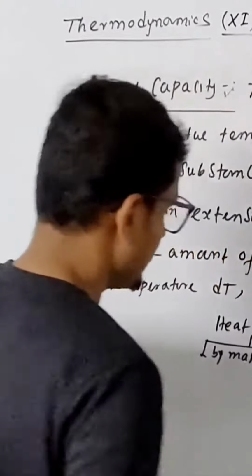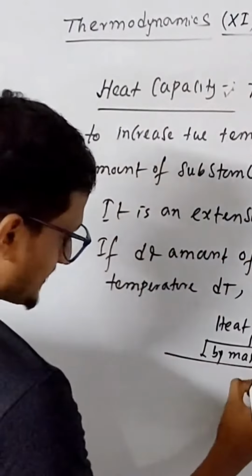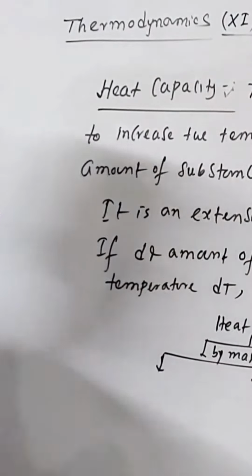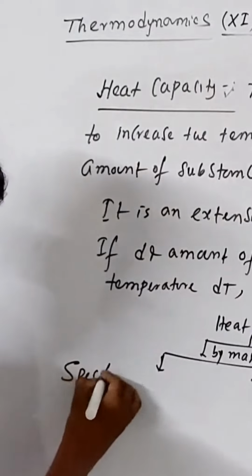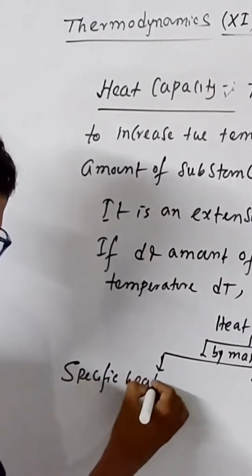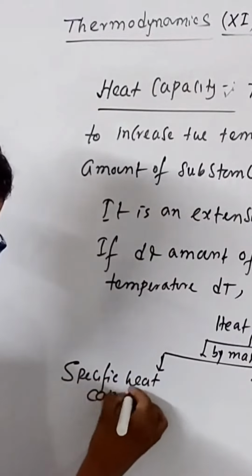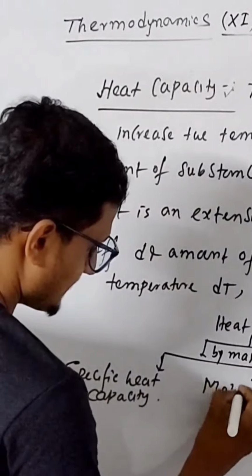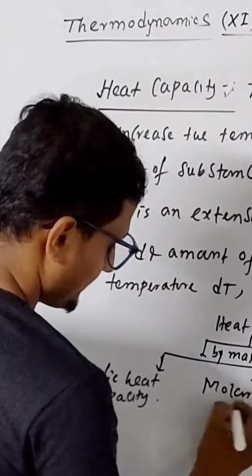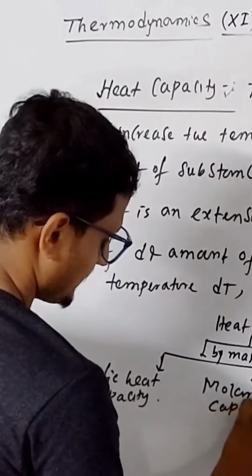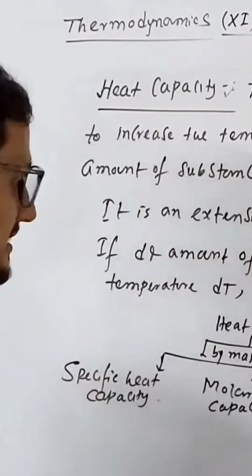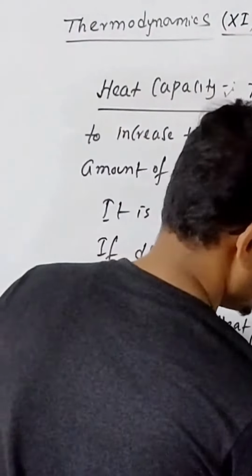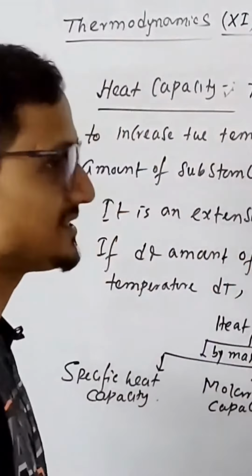By mass, heat capacity is of two types. One is specific heat capacity, number two is molar heat capacity.